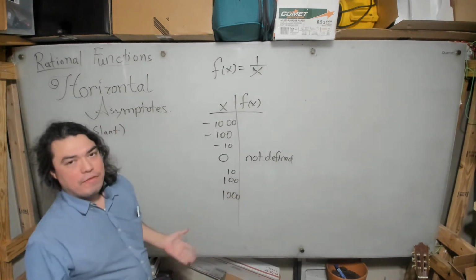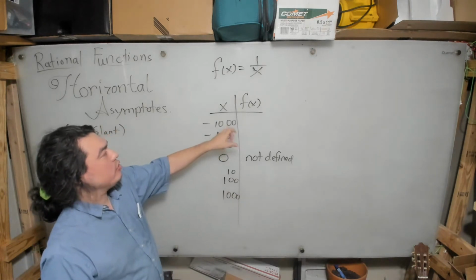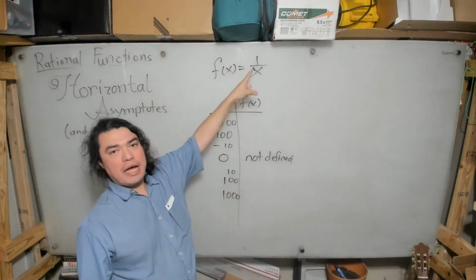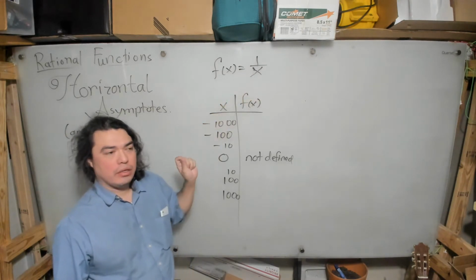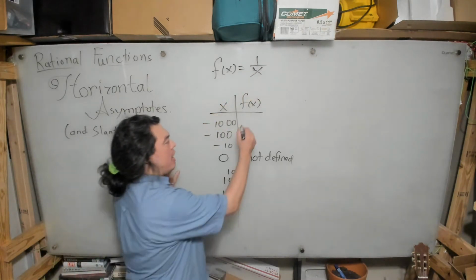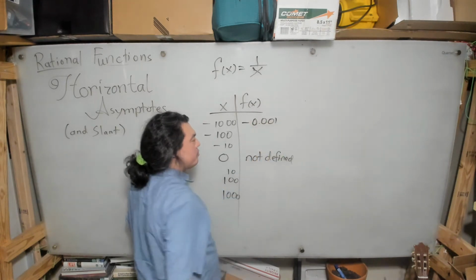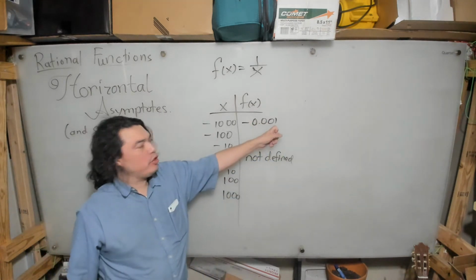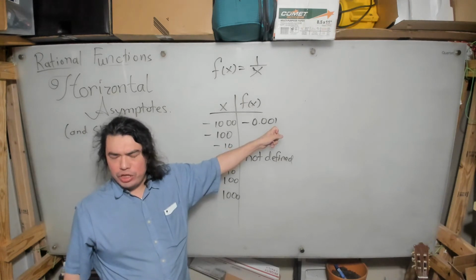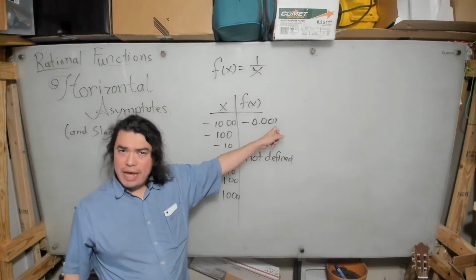Well, what will the f of x values be? Okay, let's look at negative 1,000. What would 1 divided by negative 1,000 be? Okay, that would be negative 0.001, right? Because the third decimal place is the thousandths place.